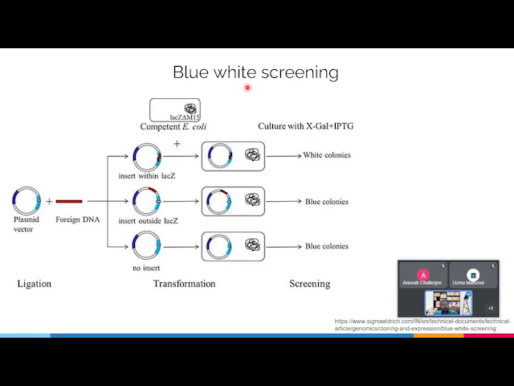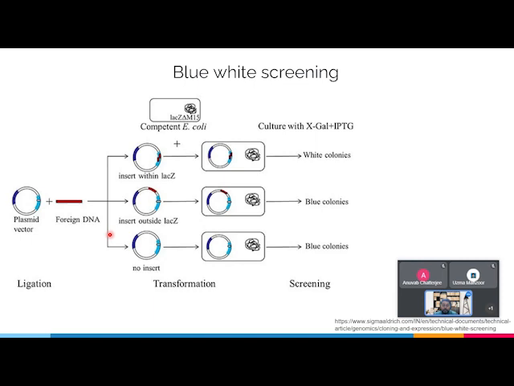After transformation, it may so happen that the bacteria were only transformed with plasmids which did not have your gene of interest, so only the normal vector was transformed into the bacteria. If you were screening using antibiotic selection, the plasmid has the antibiotic selection marker, and when you plate it, the bacteria will be well and good and happily survive on the plate. But this does not ascertain the fact that it will have your gene of interest inside it.